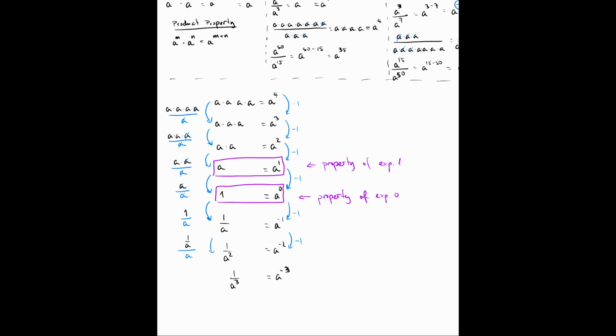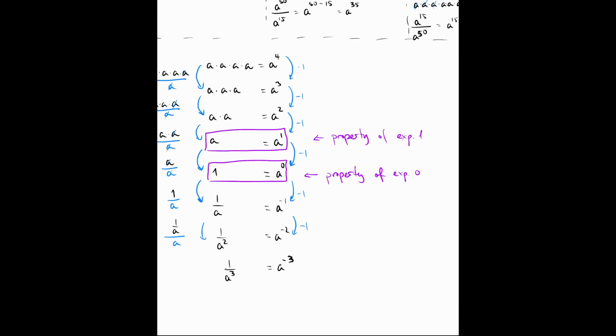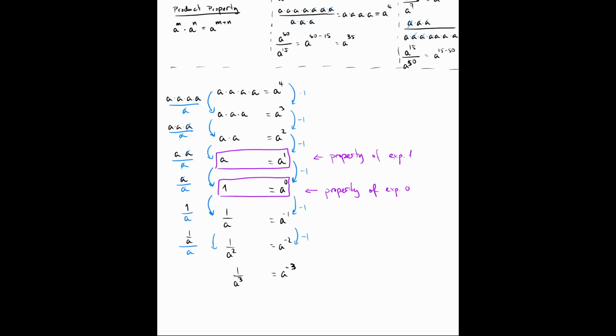This lends weight and credence to the fact that, okay, maybe this is actually true. Maybe this is the pattern that we see. And like I mentioned before, over the course of many, many years, this is what was discovered. The discovery was that, in fact, negative exponents are the reciprocals of the positive exponents.